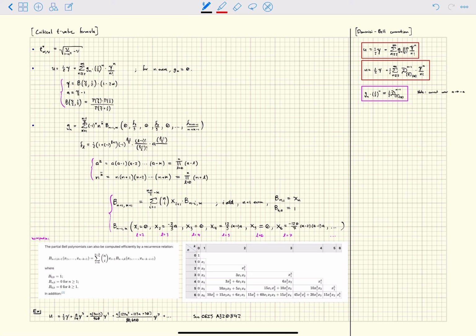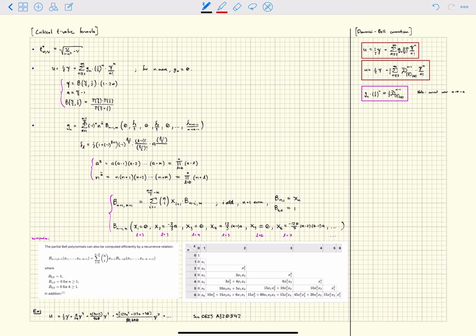And another thing that's nice, and this is true for partial Bell polynomials in general, is that B n,1 is just going to give you the x sub n term.